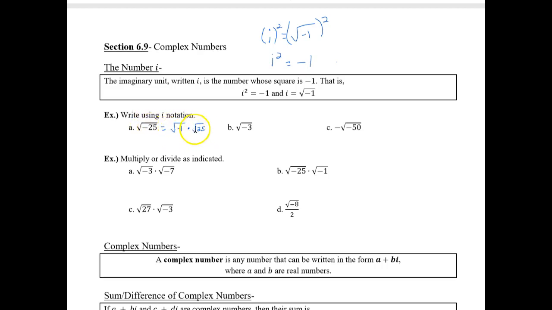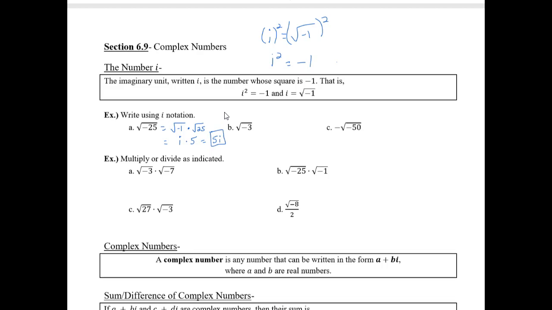So in this case, I'm splitting apart that negative and the 25. Then I know the square root of -1 is i, and the square root of 25 is 5. And in general, we will write it with the number first and then the i, just like with variables, we would write 5x. We're going to do the same thing with imaginary numbers. We'll write 5i.